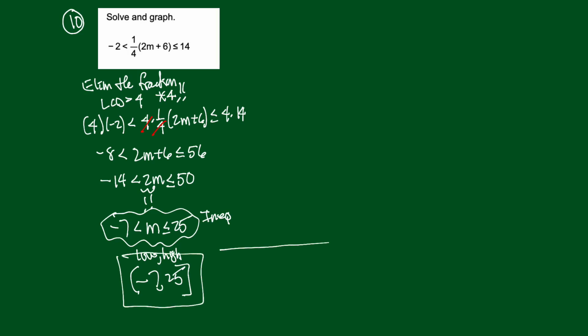And then we can graph it. There's our x's. We're going from negative 7 open, because I got open parentheses, up to 25 closed, because I have that square bracket which indicates the 25 is included, and then everything inside, so negative 7 to 25.